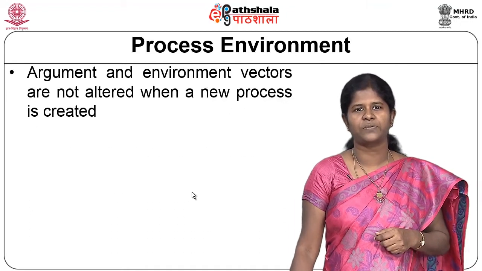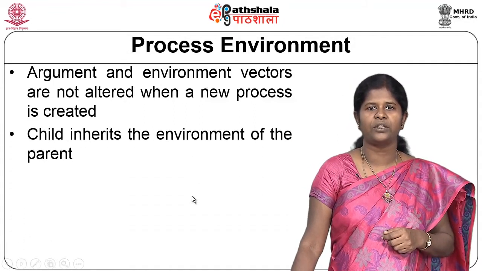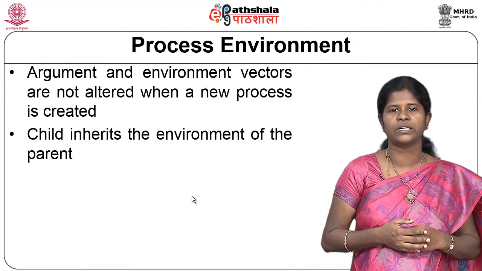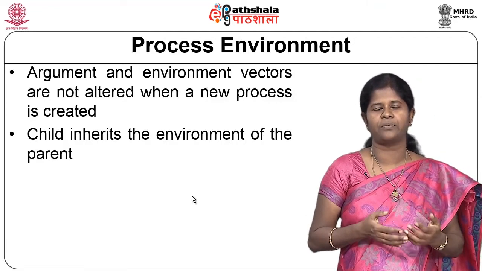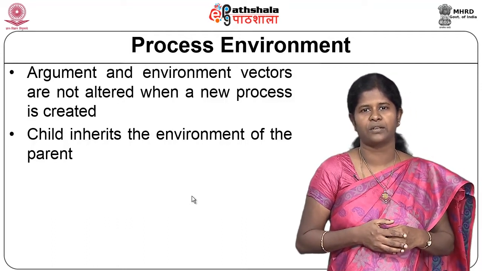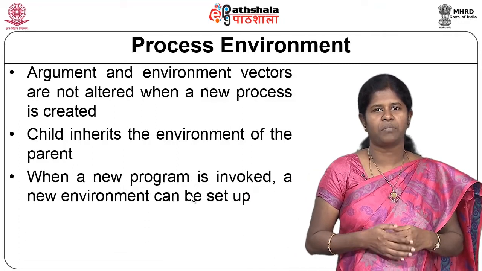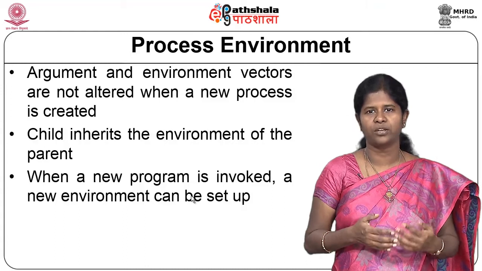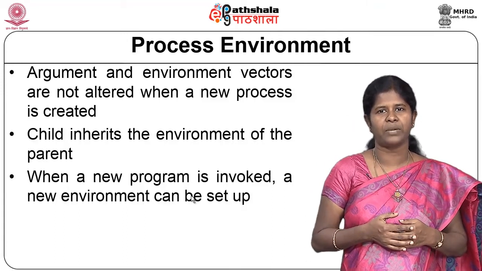The argument vector and environment vector are not altered when a new process is created. When you use fork to create a new process, whatever is there for the parent process, the argument or the environment, will be the same for the new process as well; the child will inherit the environment of the parent process. But when you are invoking a new program using the exec call, a new environment can be set up.